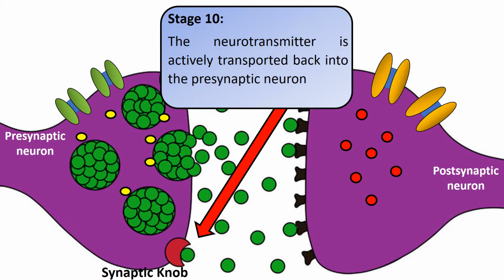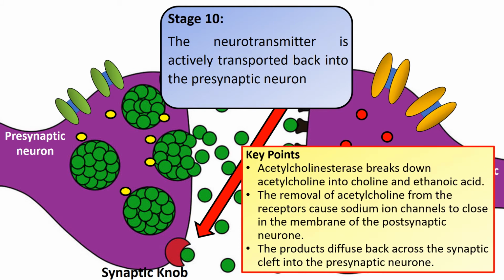At this stage, so we're almost coming to the end, there is still a lot of neurotransmitter in the synaptic cleft. We don't want to leave it in there, or else it will cause any number of problems. So therefore, the acetylcholine is broken down by the enzyme acetylcholine esterase, and it's broken down into choline and ethanoic acid.